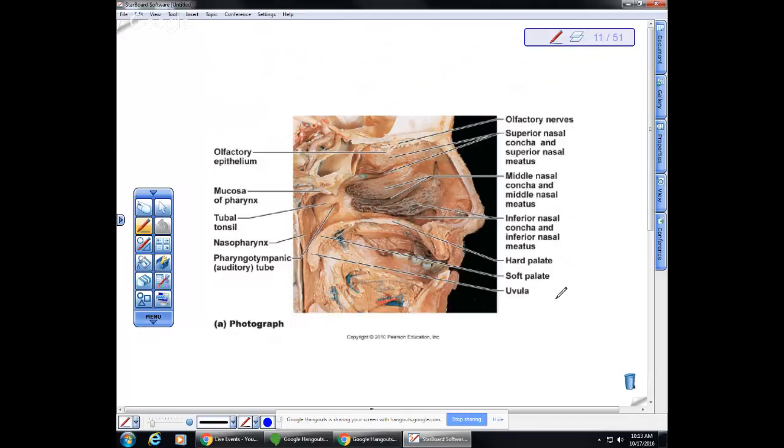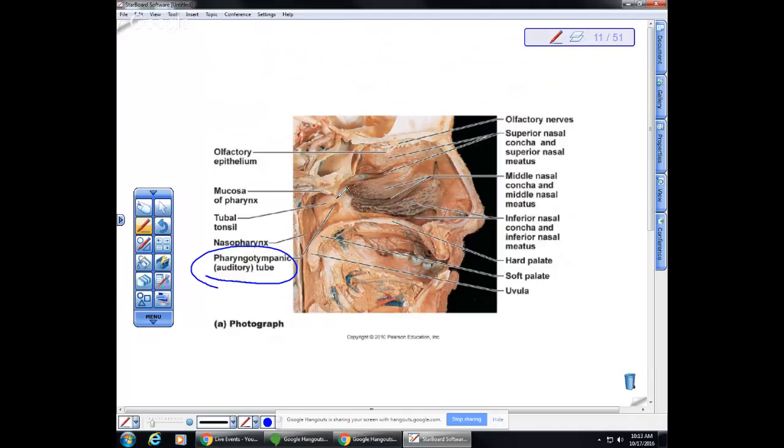Now, one of the things that you'll see here is that there is an opening in the back of the throat, and this is called the pharyngotympanic tube. So if we look at this right here, this back of the nasal cavity, back of the throat, where does that come from? Does anybody remember? Pharyngotympanic. From your ear, right?